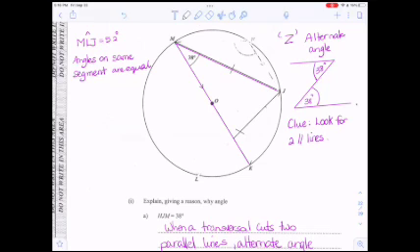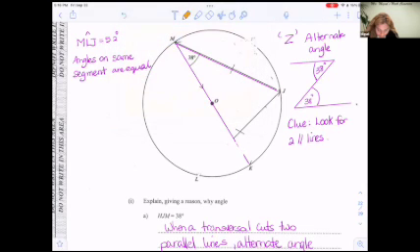All right, this is the next part now. How do we call this line here in orange? The diameter. How do you know that is the diameter? It passes through the middle of the circle.